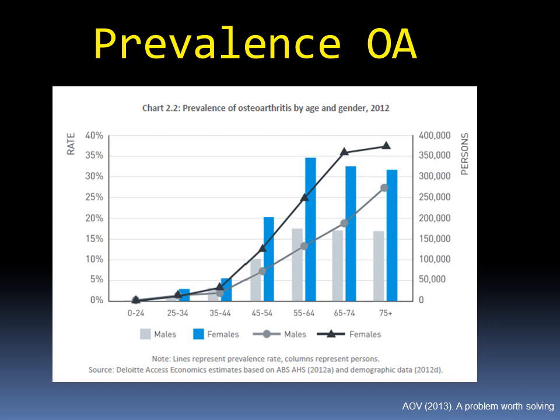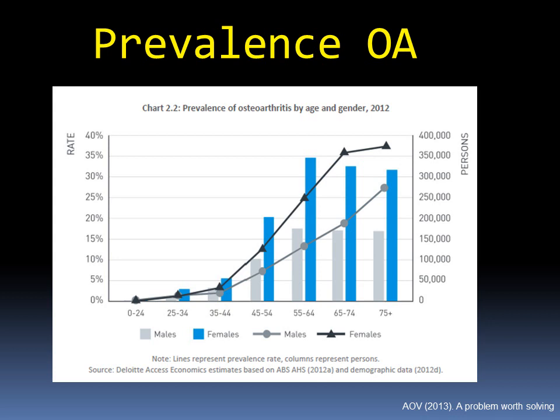So what's the prevalence of osteoarthritis? Well, we can see on the figure here that with increasing age, we have an increasing incidence of osteoarthritis. And we can see that for females, the incidence is far greater than what it is for males. Arthritis affects around 3 million Australians, or about 15% of the population. It is the leading cause of pain and disability in the elderly.